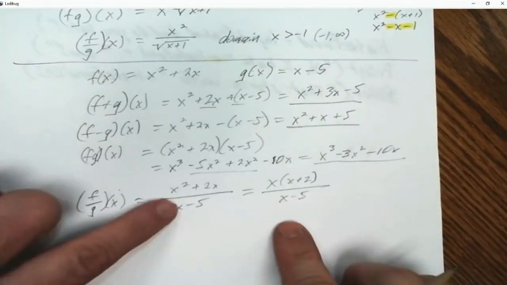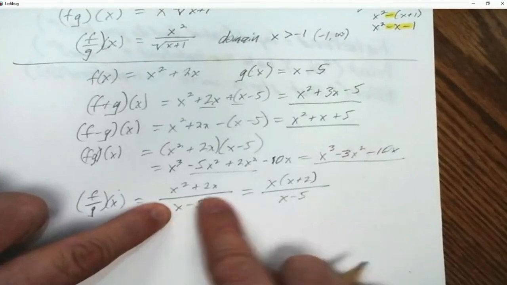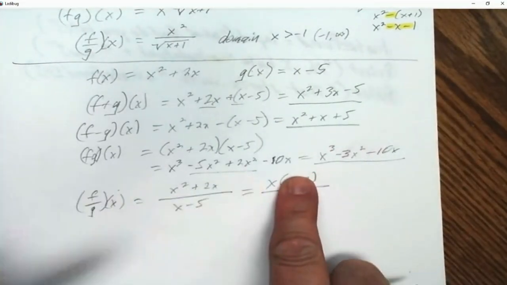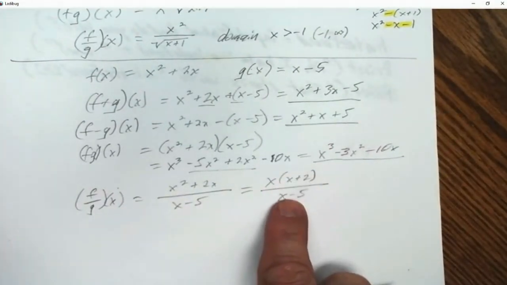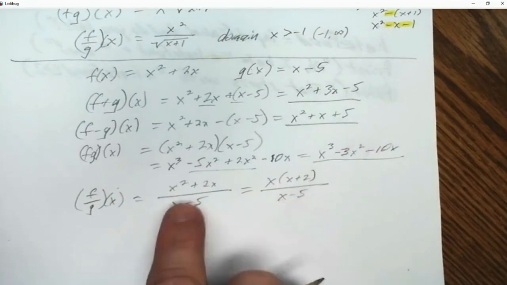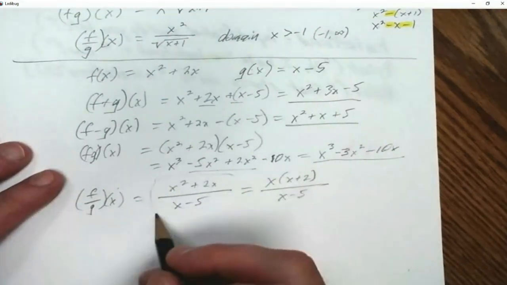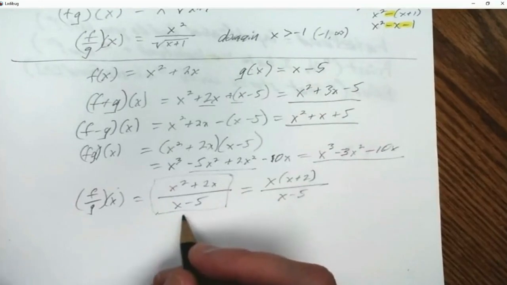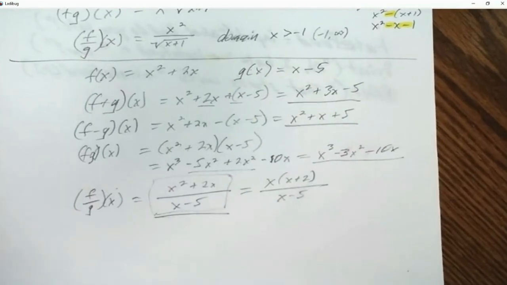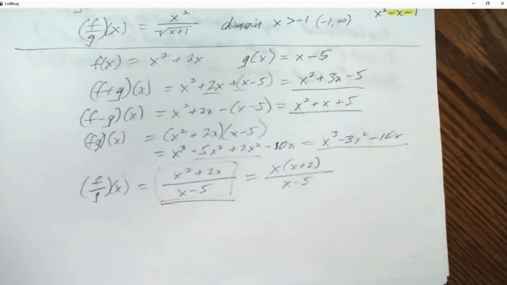If this had been x plus 2 in the bottom, then we could factor it and cancel those out and we'd end up with just x, but it's not. It's an x minus 5. So this is fine as the simplified. That's what it equals when you do f divided by g of x.